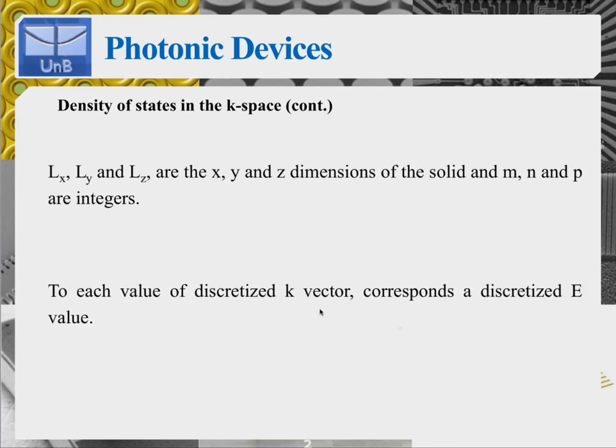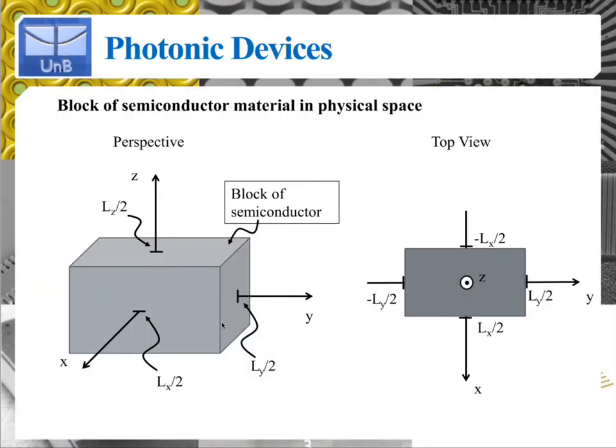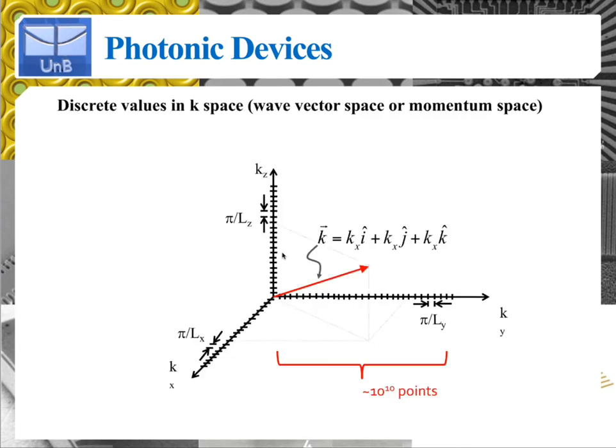This can be seen in the E-k diagram, or the band structure, where you have E on the y-axis and k on the x-axis, and the bands describe the energy and wave vector values that correspond to the states which the electrons can assume. So this is the block or the piece of semiconductor centered at the origin with dimensions Lx, Ly, and Lz, which we use to derive the discretization of the three directions, kx, ky, and kz.